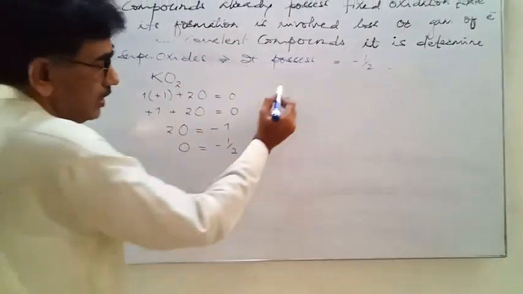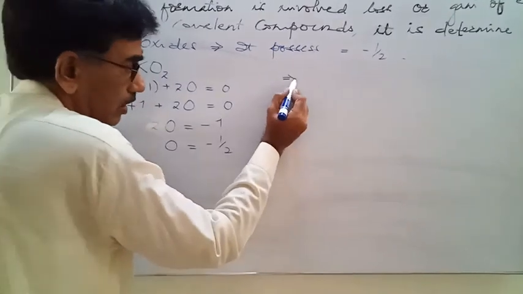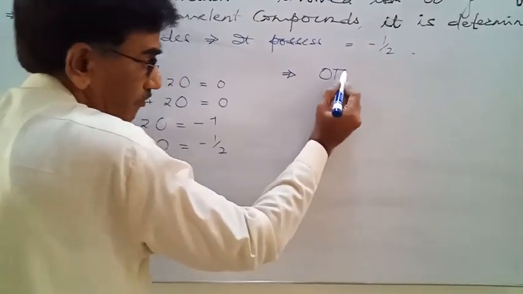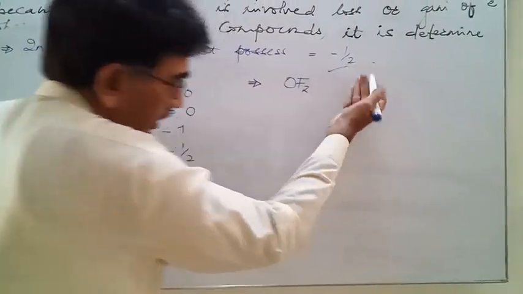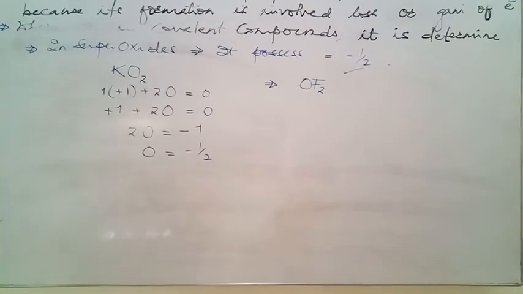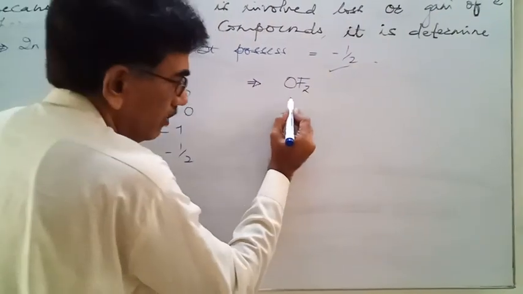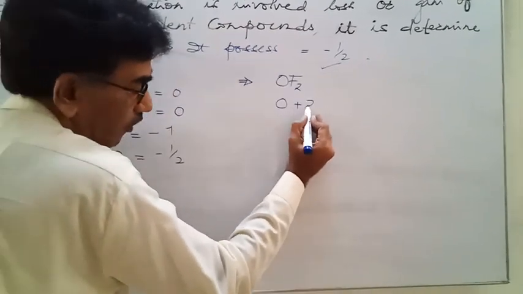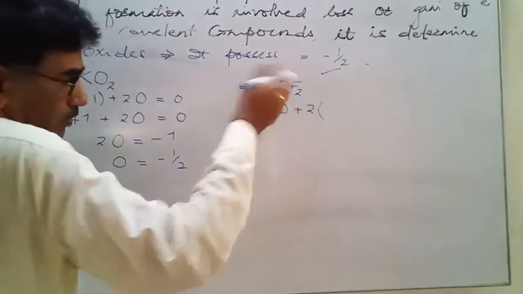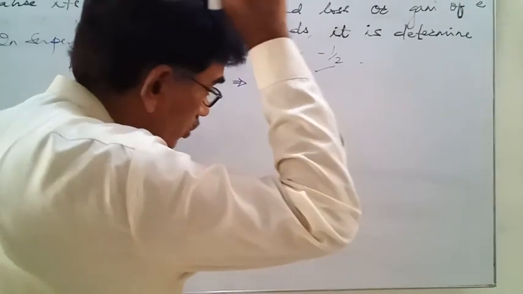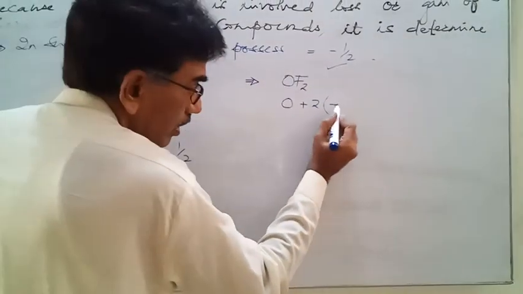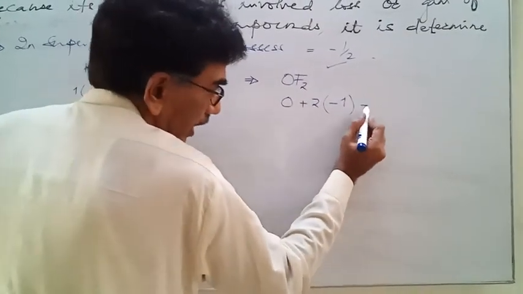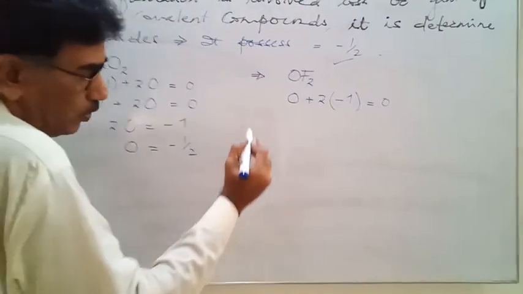But in certain cases, like oxygen fluoride, the case is different. Here we have to determine the oxidation number of oxygen. We have 2 fluorines, and as you know, fluorine is more electronegative than oxygen, so it is monovalent and we put -1, and the whole compound is neutral.